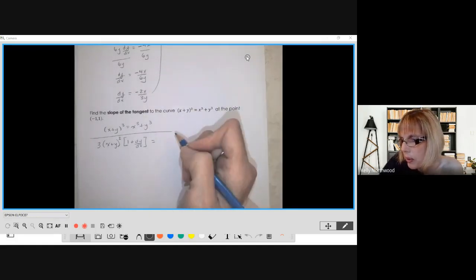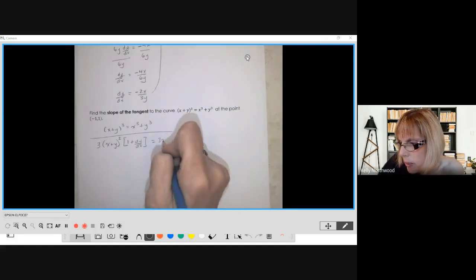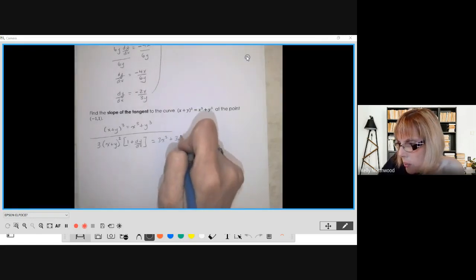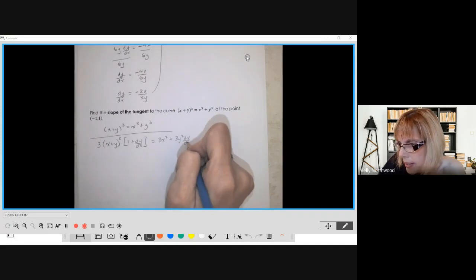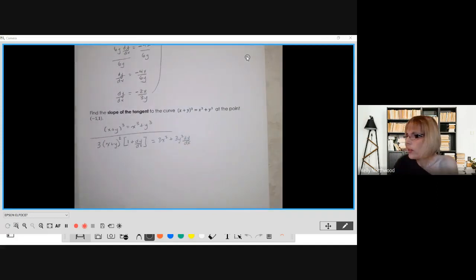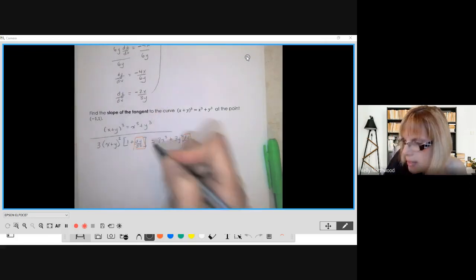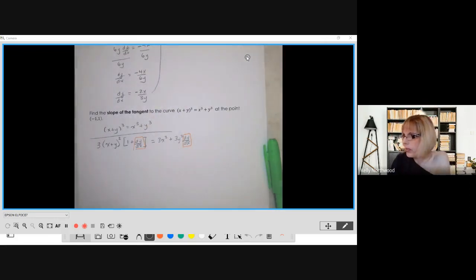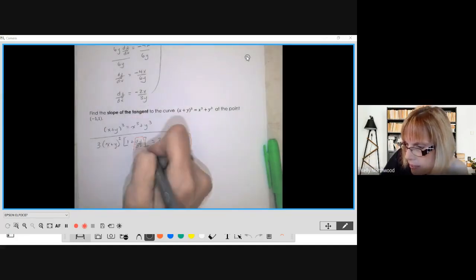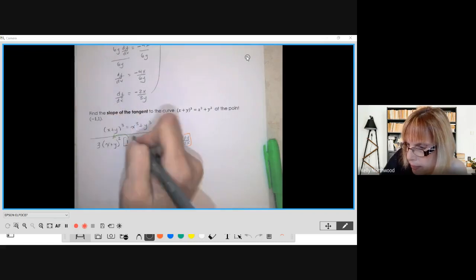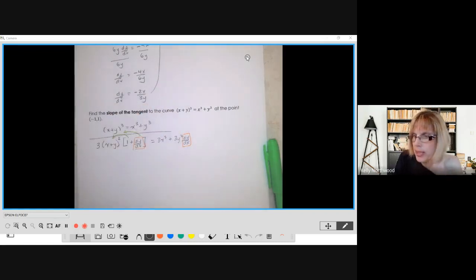And then on the other side, the derivative of x cubed is 3x squared. And the derivative of y cubed is 3y squared times dy by dx. So then what you need to see here in order to get dy by dx by itself, because we see it here and here on this side and here on this side, is that we can use the distributive property to expand this bracket here and multiply each of these pieces by what's out front.